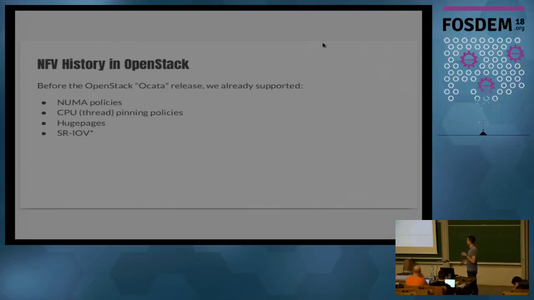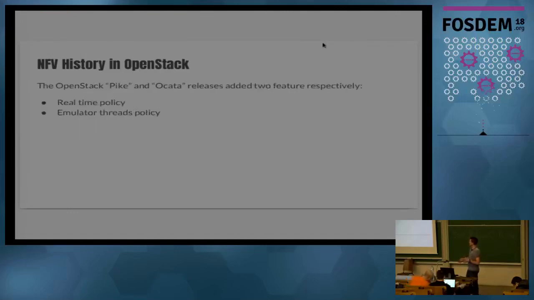So things like allowing you to attach SR-IOV devices to instances, allowing you to pin the CPUs of your instances to host cores, huge pages, and representing your guest topology in a NUMA-aware fashion. And then in the last 2 releases, we've worked on 2 particular features, one of which I'm going to talk about today, the real-time policy, and then another one which I'm not really going to focus on, which is the emulator threads policy.